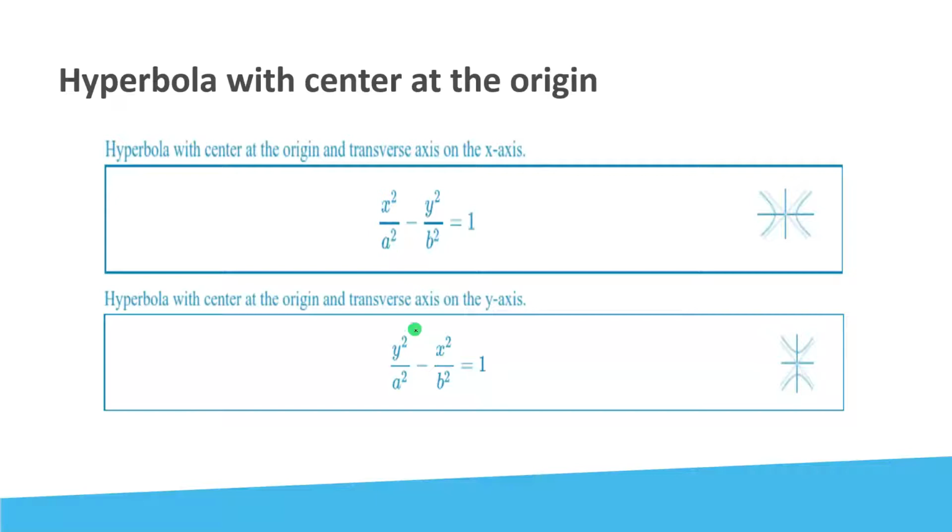Same way, if y squared is the one that is positive when you form a standard form of the equation of the hyperbola, you will assign a on the denominator of that term.